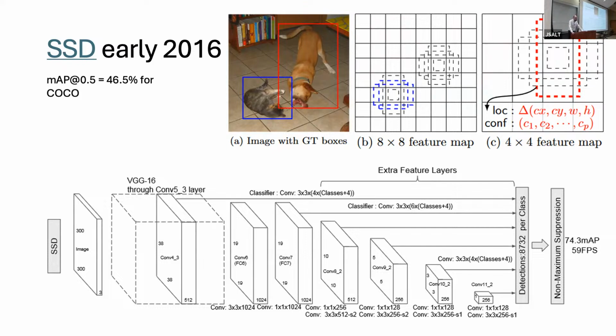Okay, and then they classify directly into a class, or as we like to call it in Pilsen, a garbage class, which is the class that takes in everything that is not important for the task. Yeah, and they have like 74 mAP, and they run 59 FPS, which was a big deal back then because you could do real-time detection.